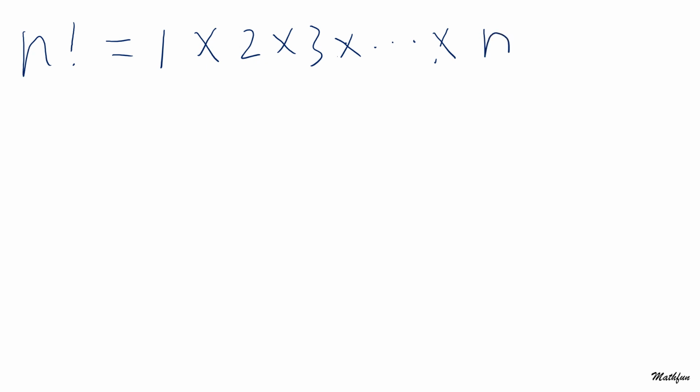You can only use a positive integer again. n factorial is defined as 1 times 2 times 3 times, and so on until n, until itself.